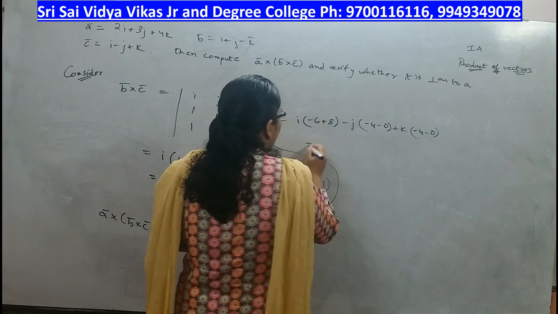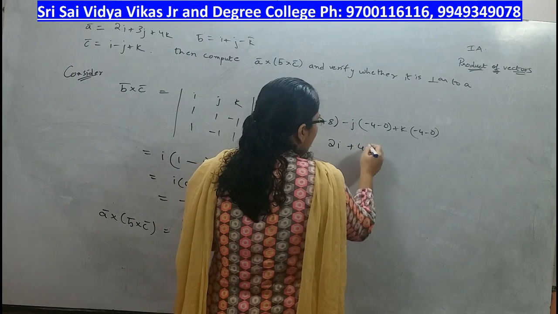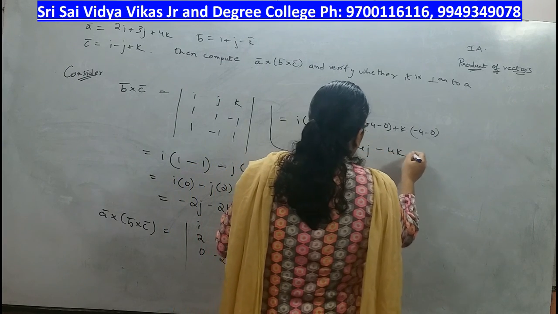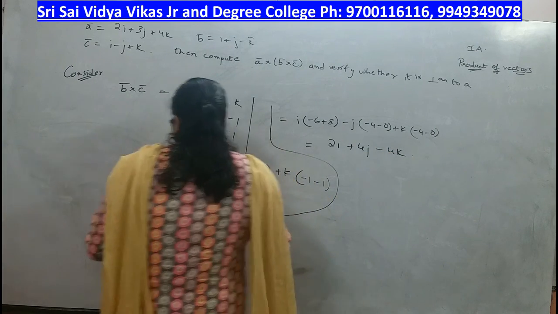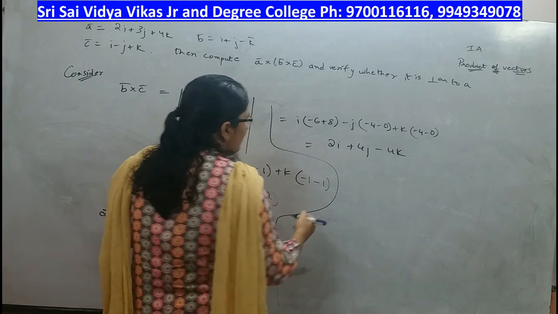Now 8 minus 6, this is 2i plus 4j minus 4k. So you got a bar cross b bar cross c bar is 2i plus 4j minus 4k.